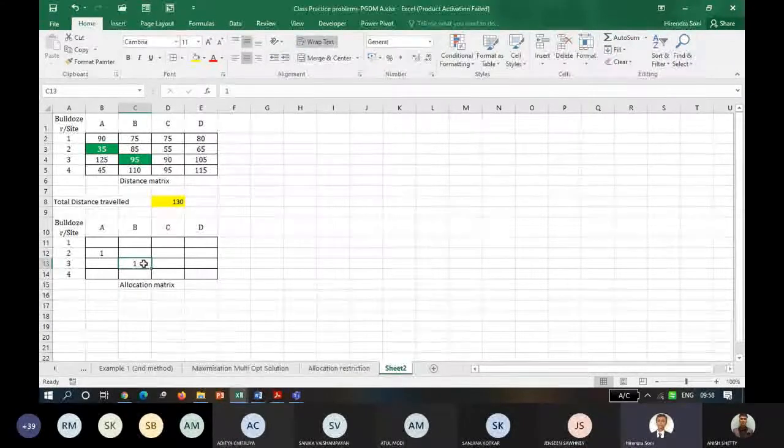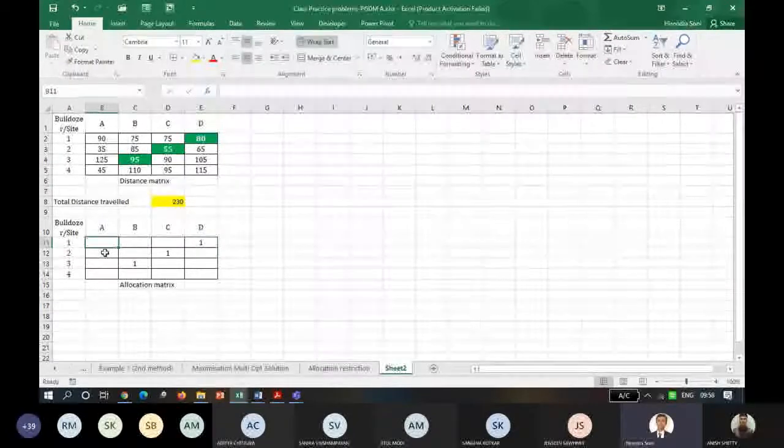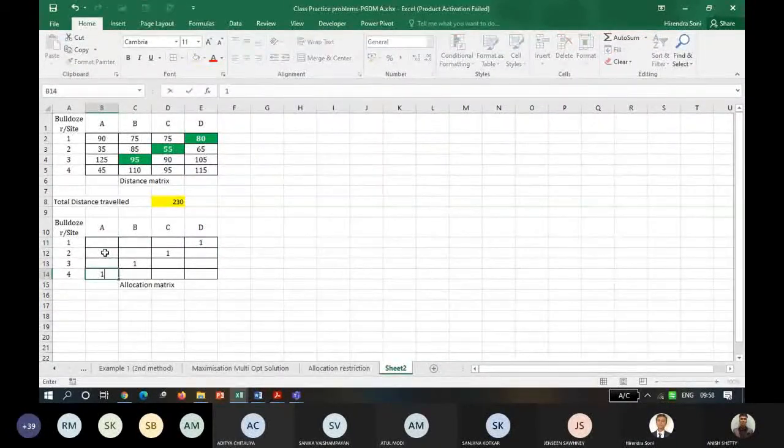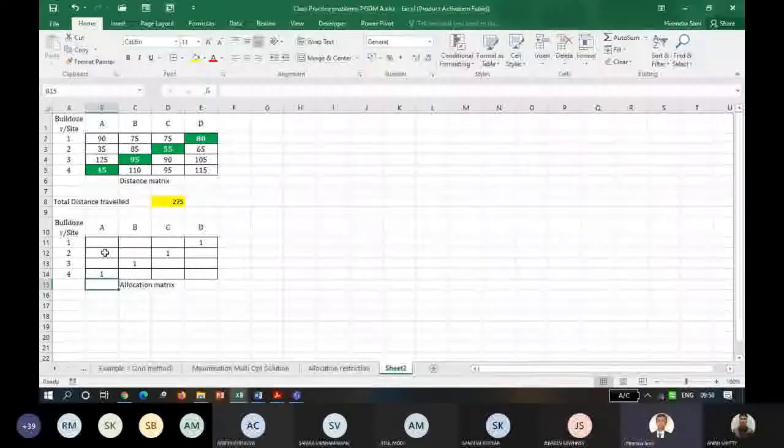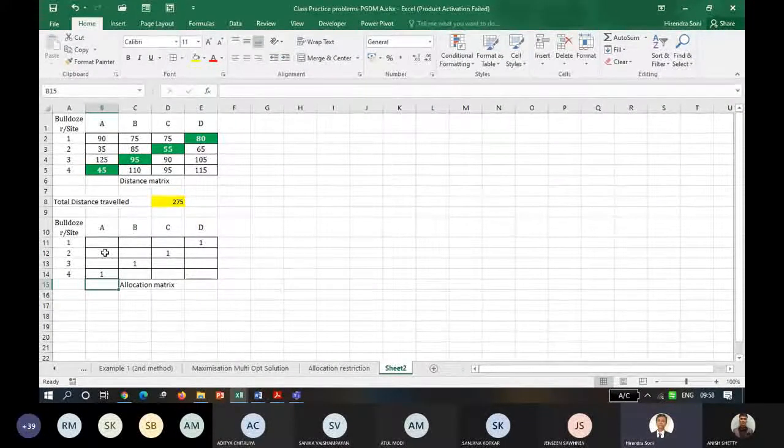See, I'm just putting 1 here and there and you can see what it is actually referring to. And as I keep adding more, those values will get added. Correct? Okay up to here?